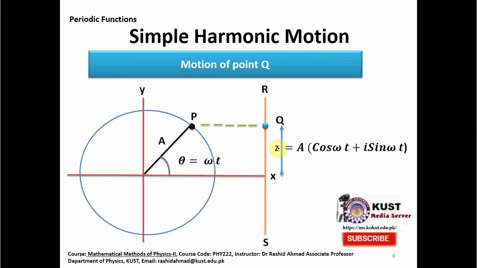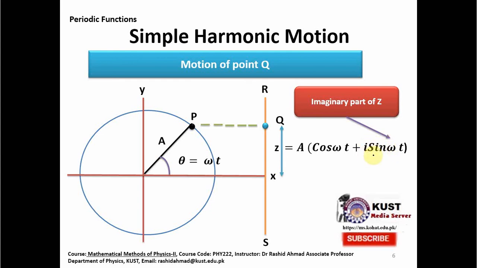As I have brought back Z, in this case the vertical component, the imaginary part of Z, is representing the motion of Q. So the imaginary part of Z is the linear motion of point Q, and this is clearly a sinusoidal function or a periodic function.